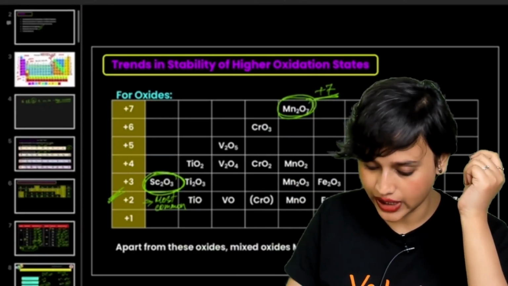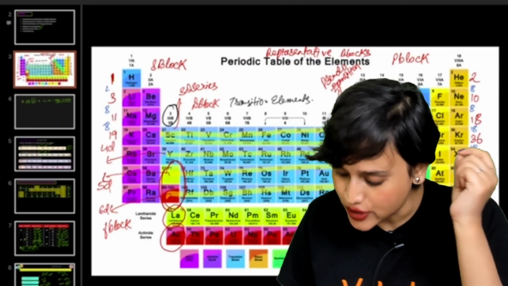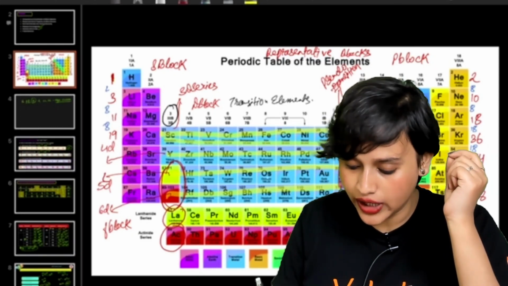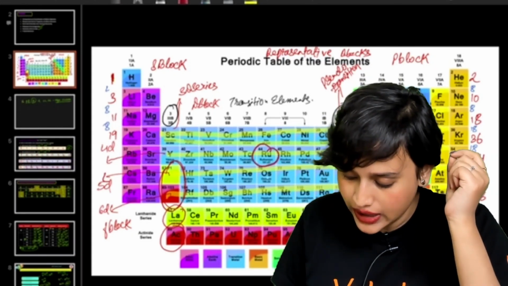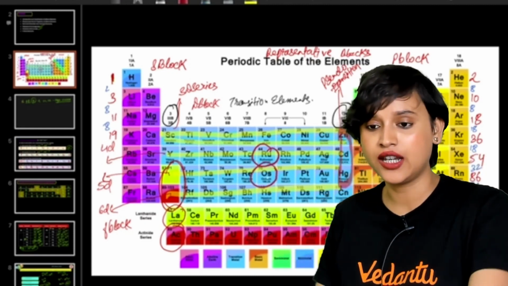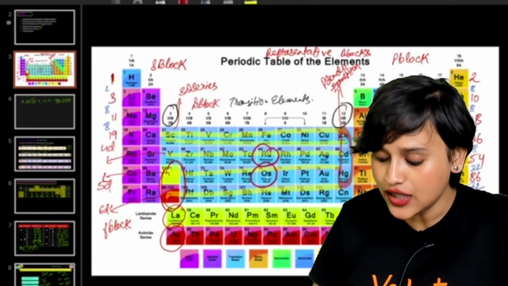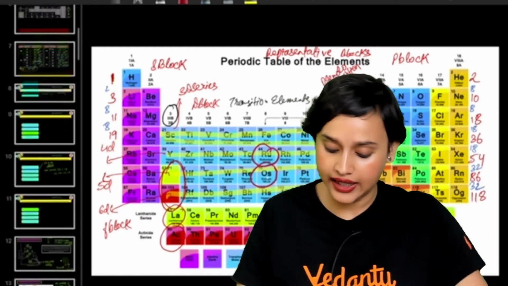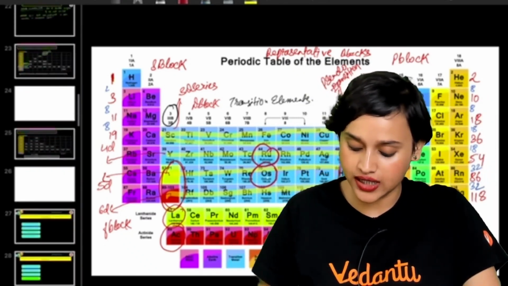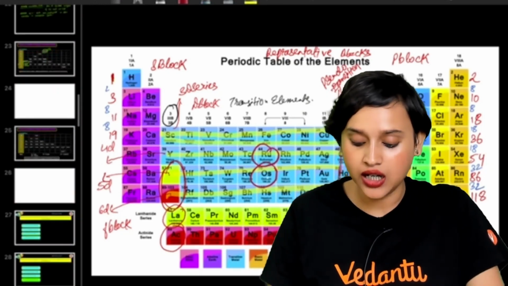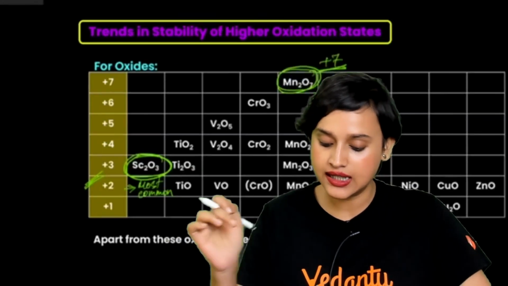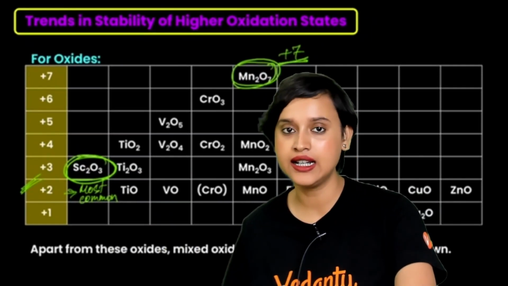This is ruthenium and osmium. Can you see, right here, these two show the +8 oxidation state, which is the highest among the whole d block. Got it, everybody? Is this clear, everyone?